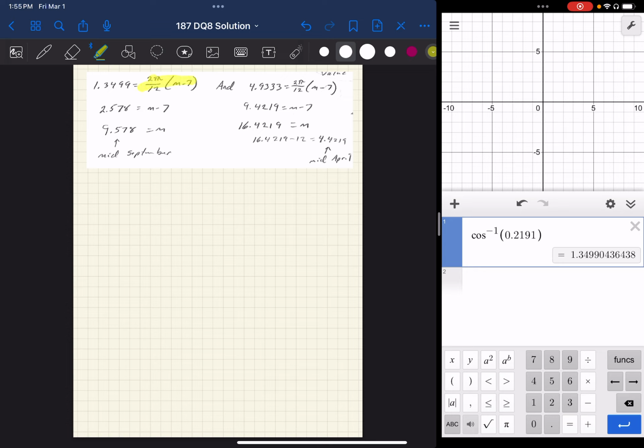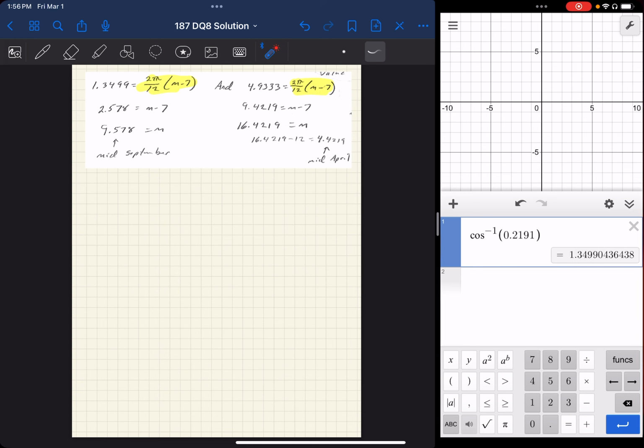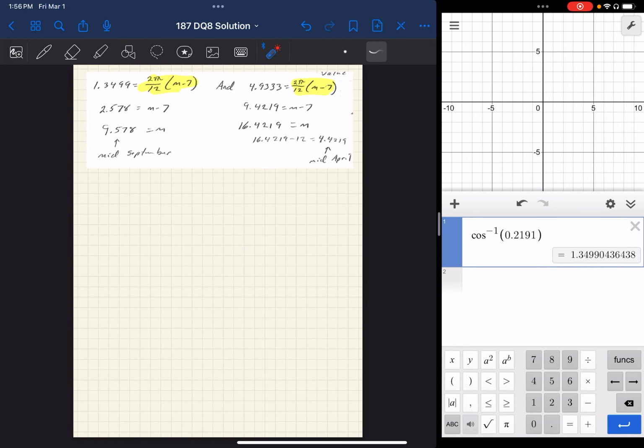That is the input into my cosine function, and either one of these values, actually both of them, result in the same cosine value. So now I have to solve for m in both cases, and when I do that, I find out that m is equal to 9.578, and m is equal to 16.4219.